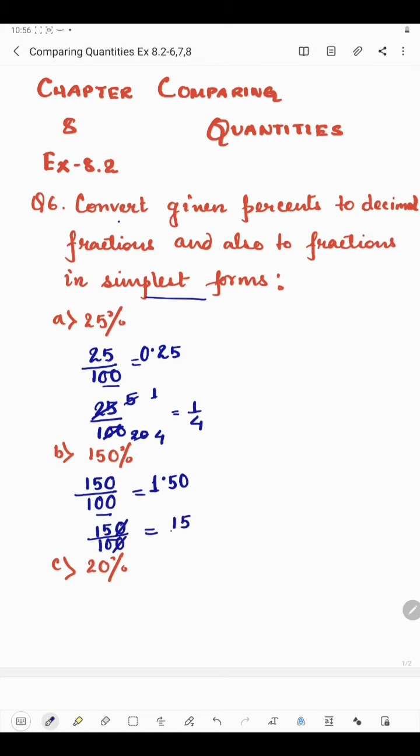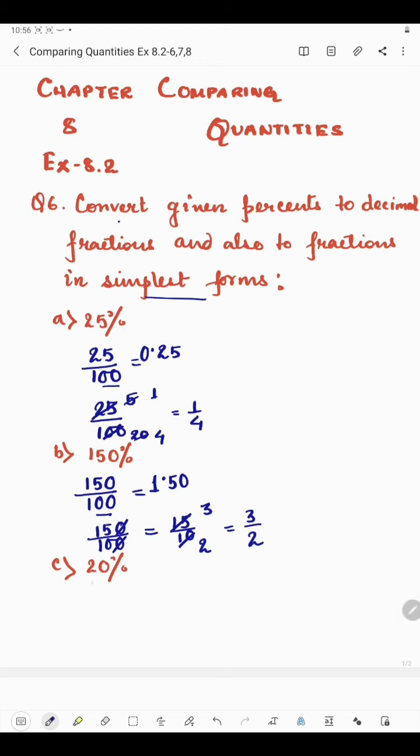So we will get 15 by 10, and both are divisible by 5, because 5 3s are 15, 5 2s are 10. Now 3 and 2 cannot be divided further by the same number, right? So it is 3 by 2, the simplest form.